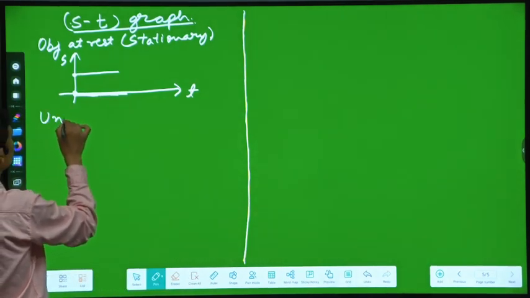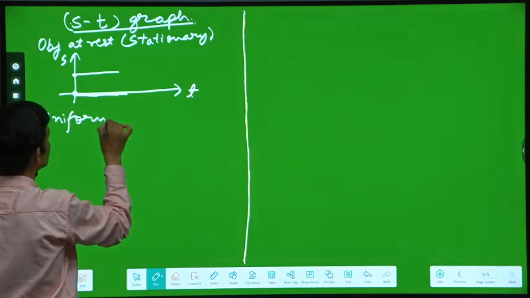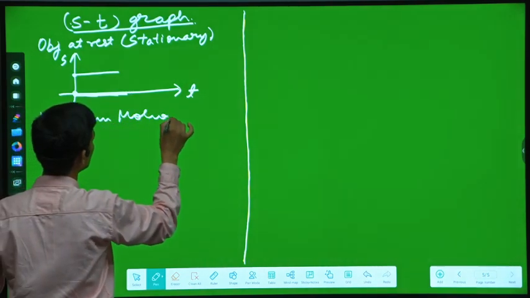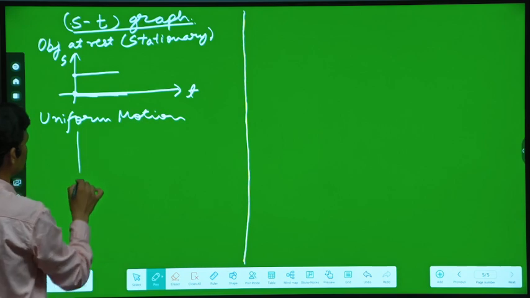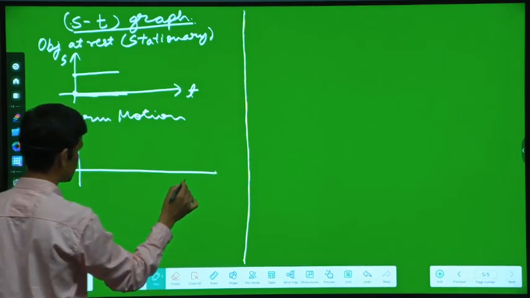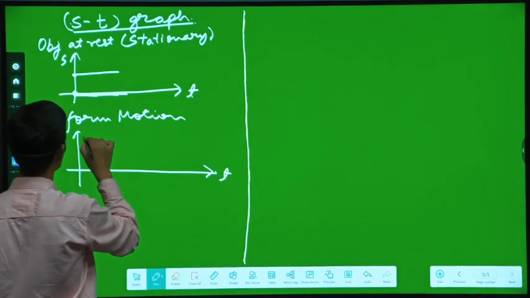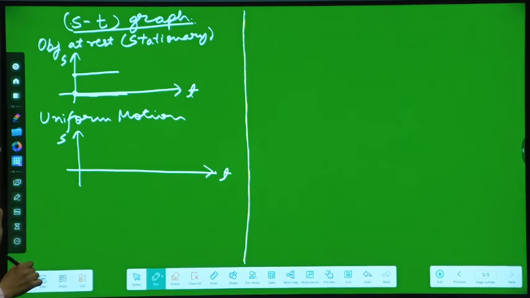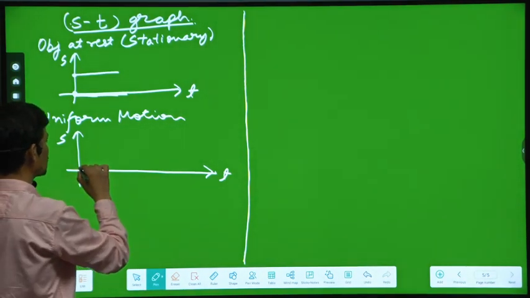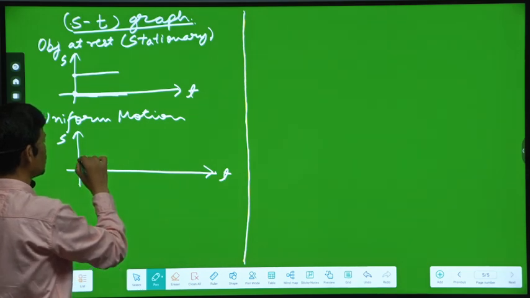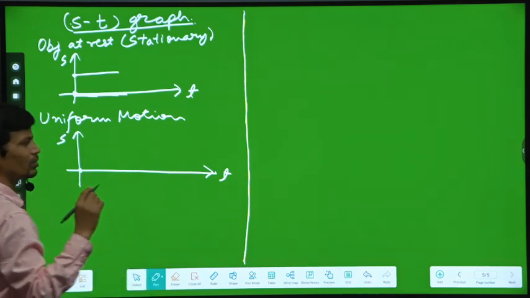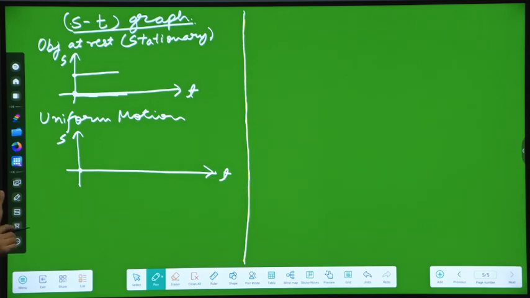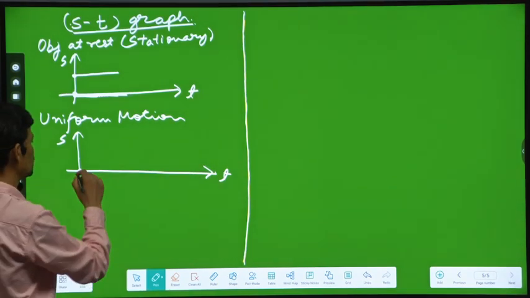Then uniform motion. Uniform motion. So here, okay, graph can start from here as well, as I will draw with different colors.